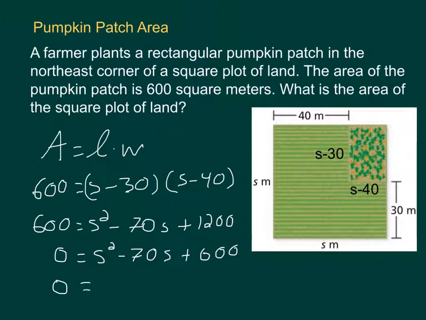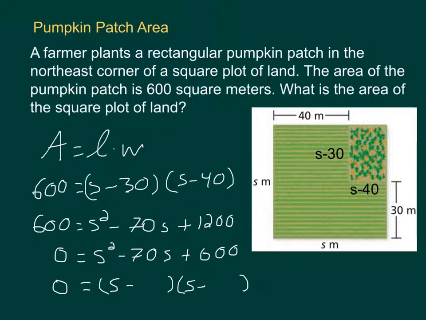Since I have s squared minus 70s plus 600, I know that my factored form is going to be two binomials with the same sign as the middle coefficient, which is negative. So this is going to be s minus something times s minus something.